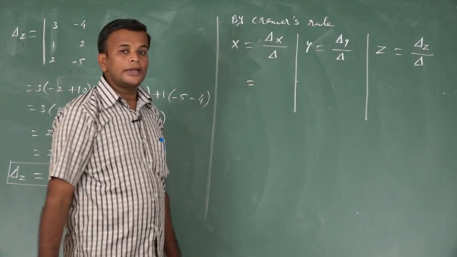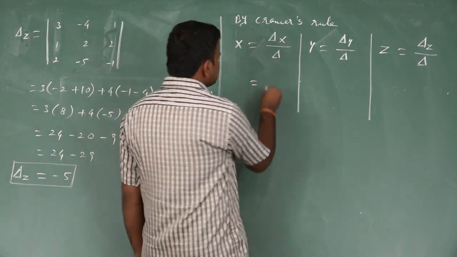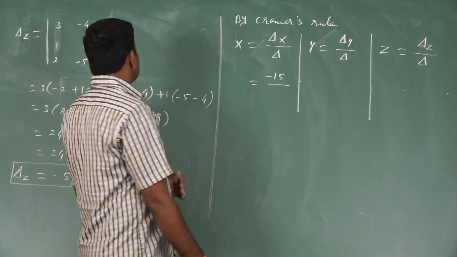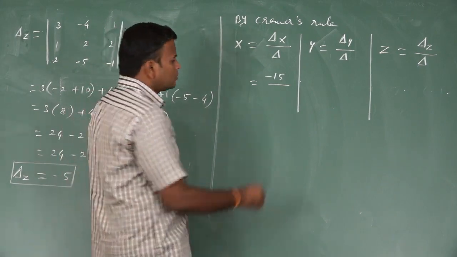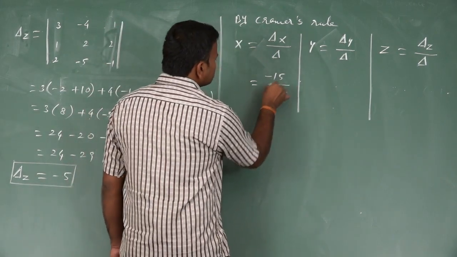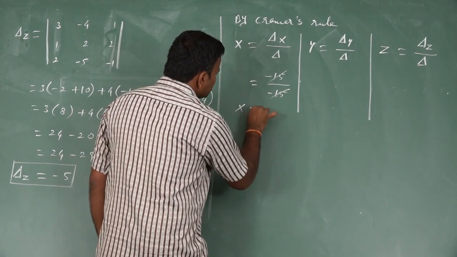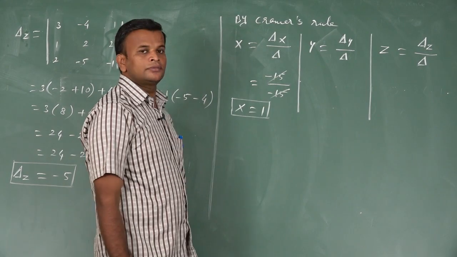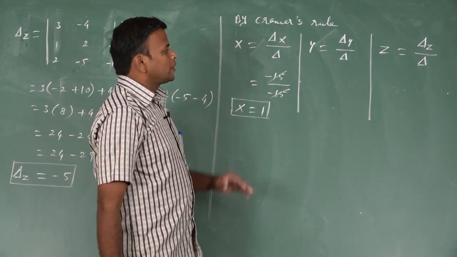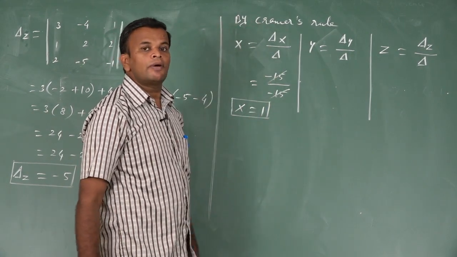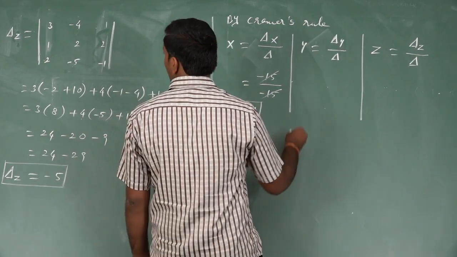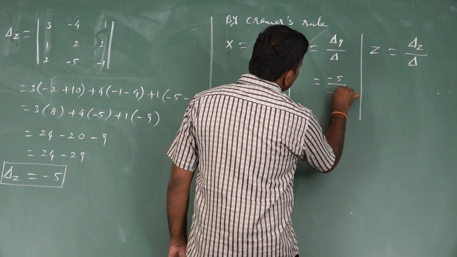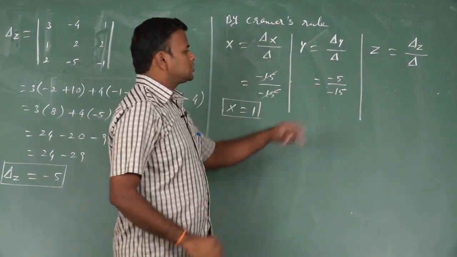The value of del X is minus 15 divided by the value of del, also minus 15. We cancel. The value of capital letter X is 1. Next, capital letter Y. Del Y by del. The value of del Y is minus 5 by the value of del, minus 15.